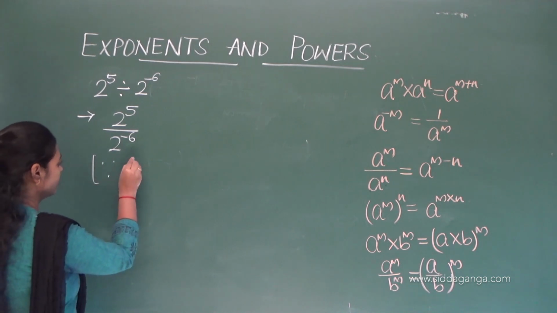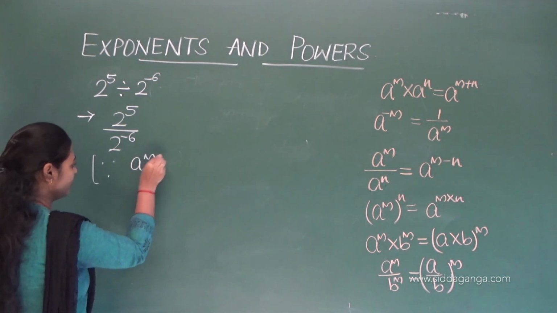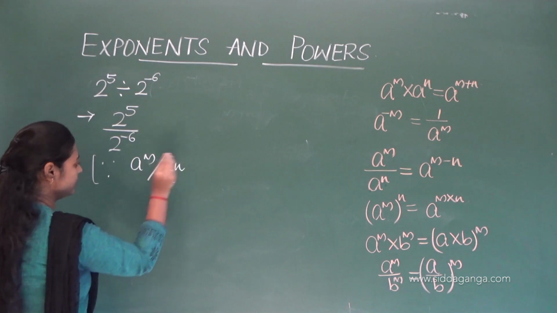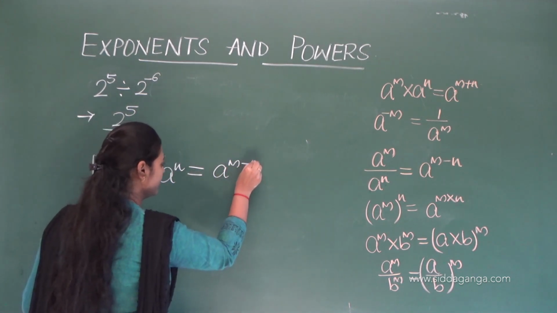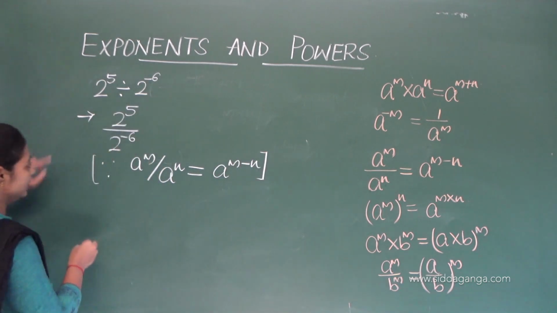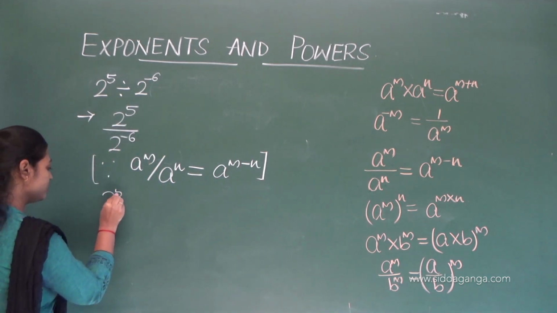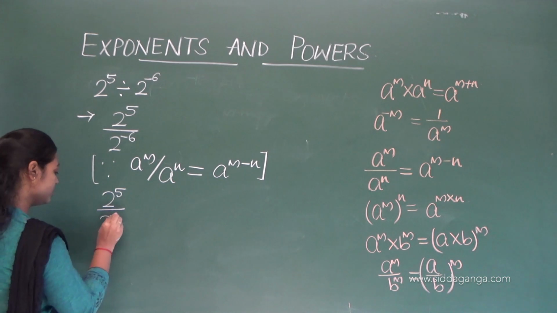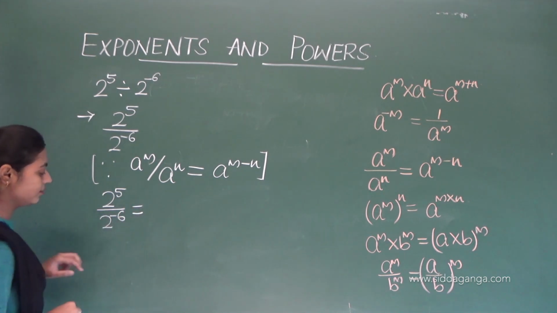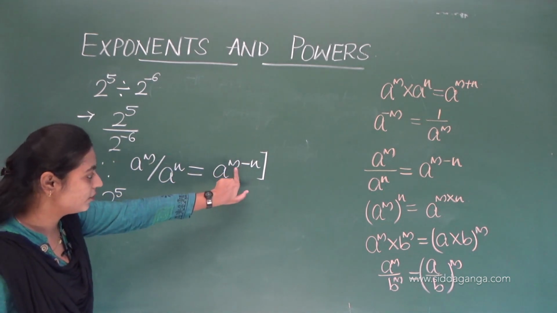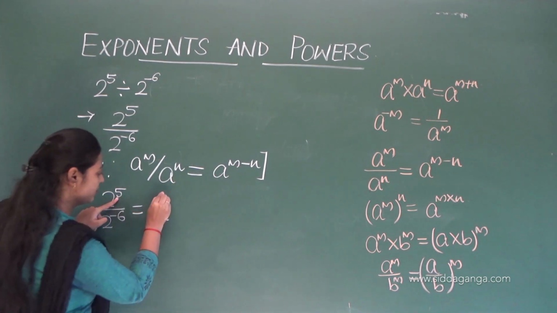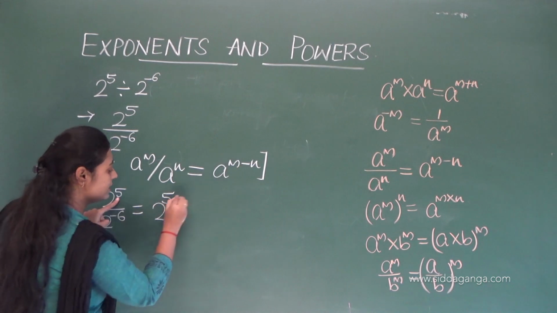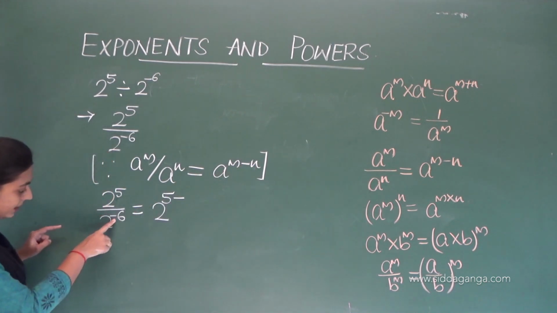Since a to the power of m divided by a to the power of n is equal to a to the power of m minus n, 2 raised to 5 divided by 2 raised to the power of -6 is equal to 2 raised to the power of m minus n, where m is 5 and n is -6.